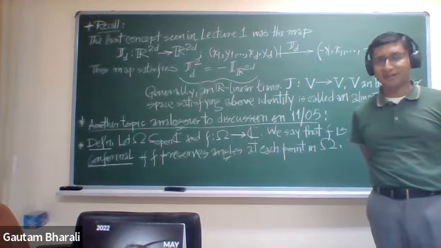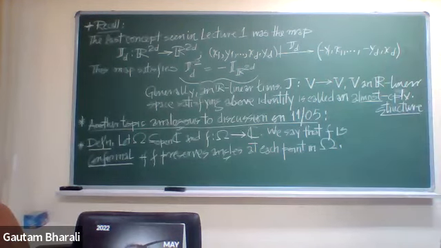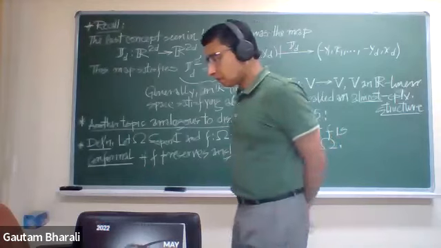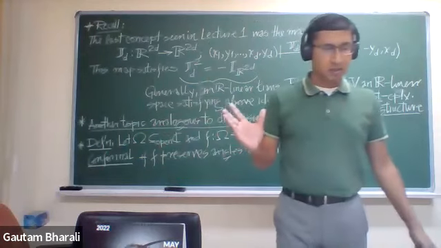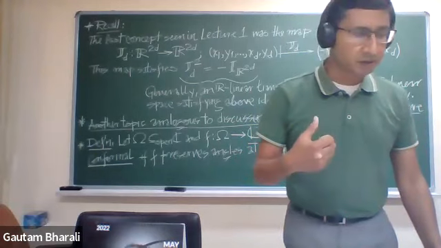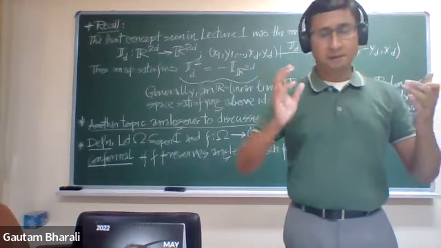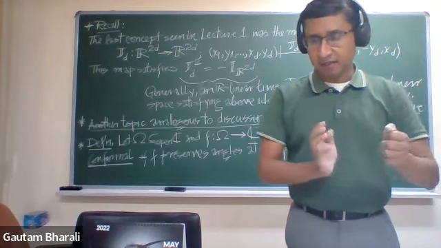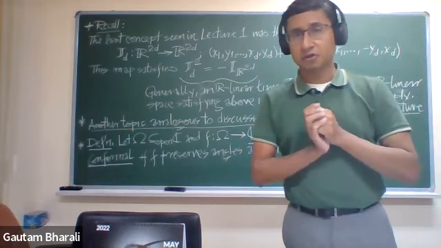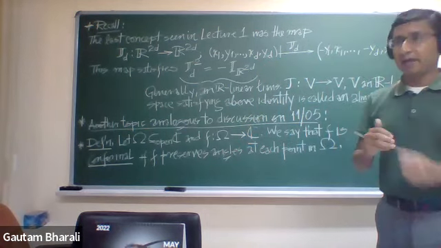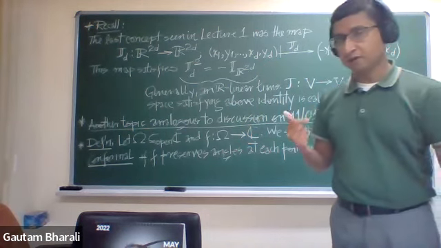So the question arises, what do we mean by preserves angles? Now, an angle is a purely geometrical notion, but it is not the most elementary of notions in geometry, and it's certainly not the most elementary of notions in linear algebra.